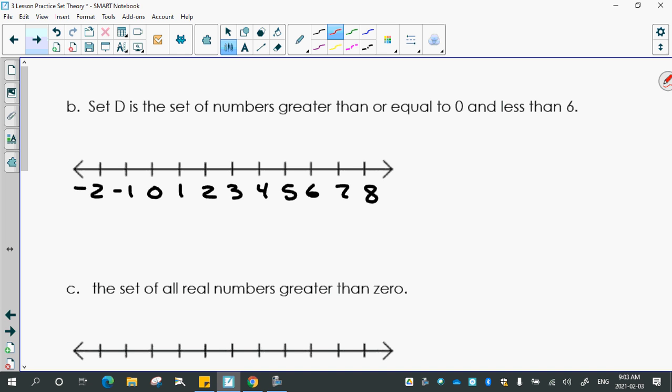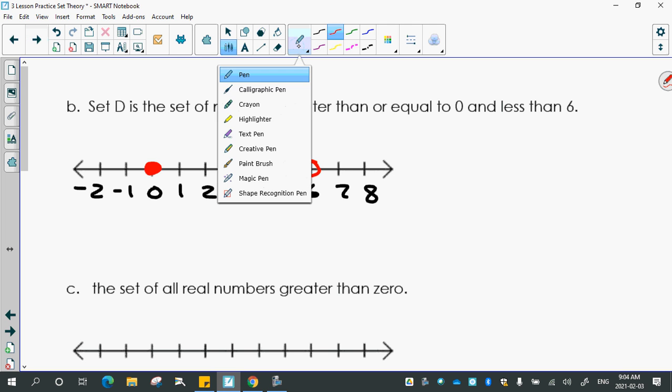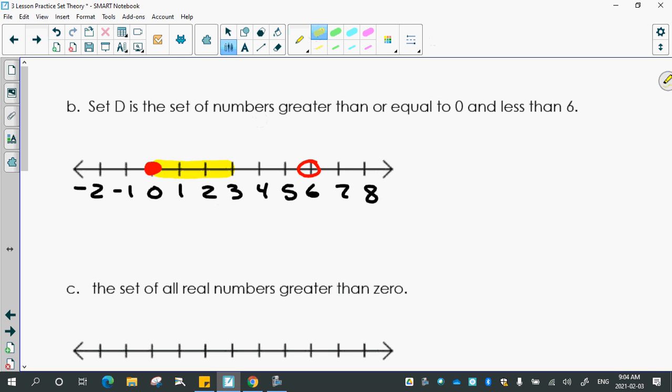Is 0 in the set? Yes, because it says or equal to. So I'm going to put a closed-in circle on 0. Is 6 in the set? No. So I'm going to put an open circle around 6. But I'm greater than or equal to 0 and less than 6, so everything in between is part of my set.